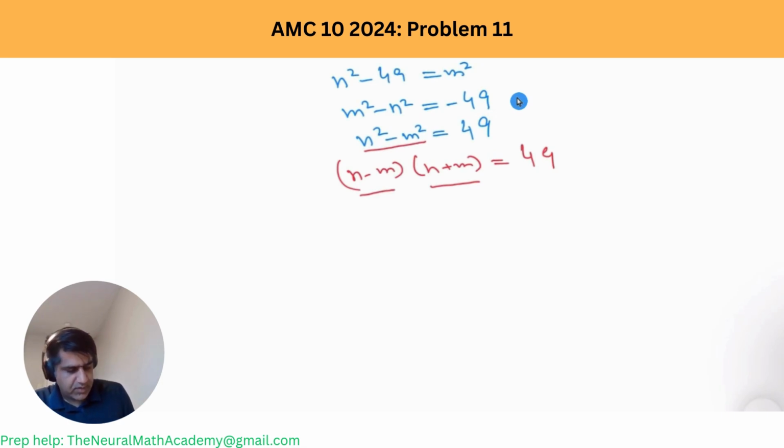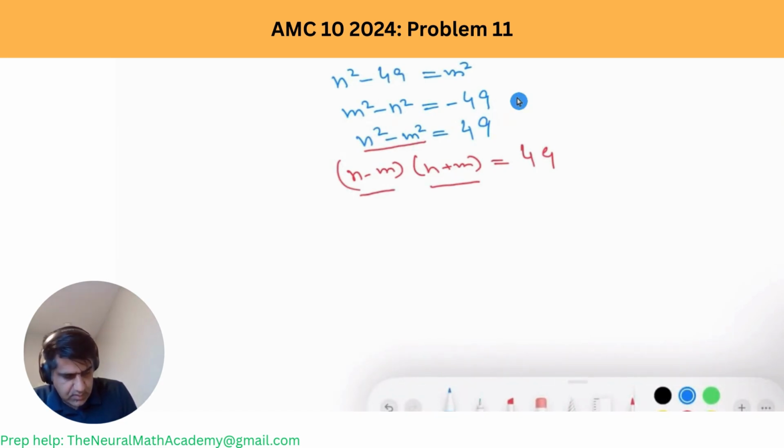However, we can make one observation: n plus m is greater than or equal to n minus m. We need to keep this in mind. Based on this, the first pair could be minus 49 and minus 1.